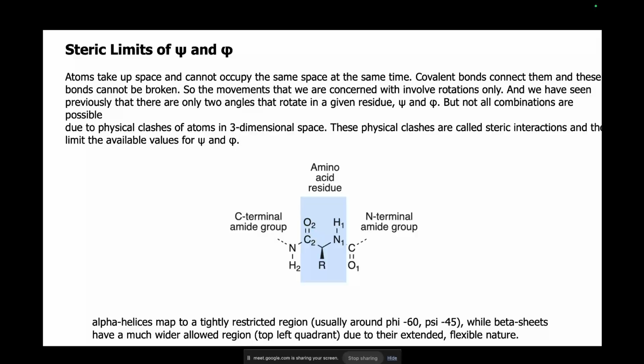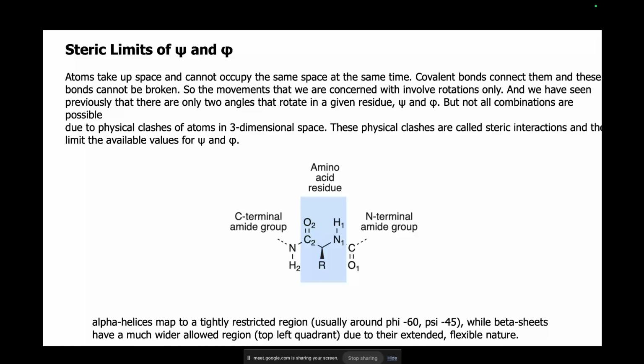The reason is because of certain bonds that are present in the set of proteins that we are looking at. These atoms take up space and they cannot occupy the same space at the same time, which brings us to steric hindrance. Covalent bonds connect them, and these bonds cannot be broken, right? So the movements that we are concerned with involve rotations only, and we have seen previously that there are only two angles that rotate in a given residue, which is the psi and the phi.